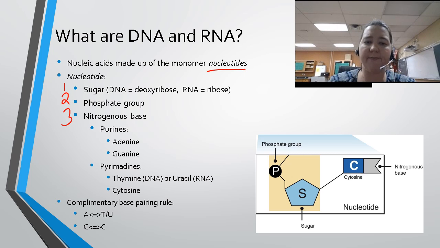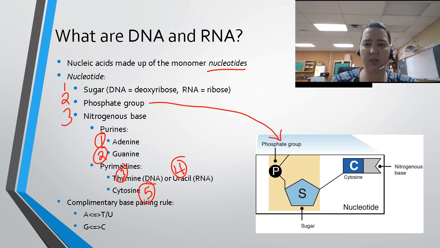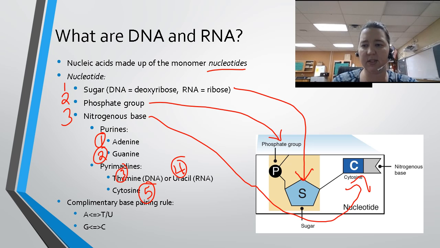And then there are 5 nitrogenous bases. 1, 2, 3, 4, 5. So we have adenine, guanine, thymine or uracil, and cytosine. So what they are, as you can see here, we've got the phosphate group, which is there. We've got the sugar, which is there, and then the nitrogenous base, which is there. So that's what makes up the nucleotide.